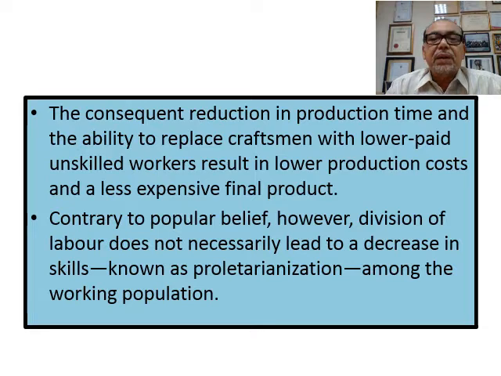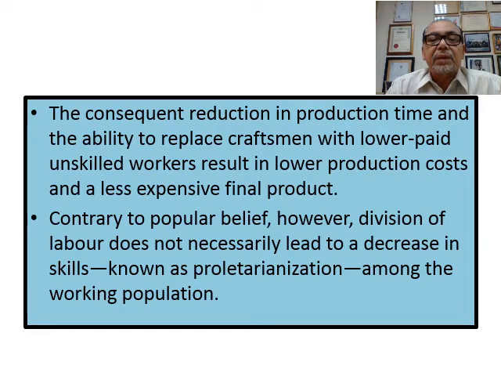The consequent reduction in production time, ability to replace craftsmen and lower paid unskilled workers result in lower production costs and less expensive final product. So if you organize it efficiently, most likely you can lower the production cost.